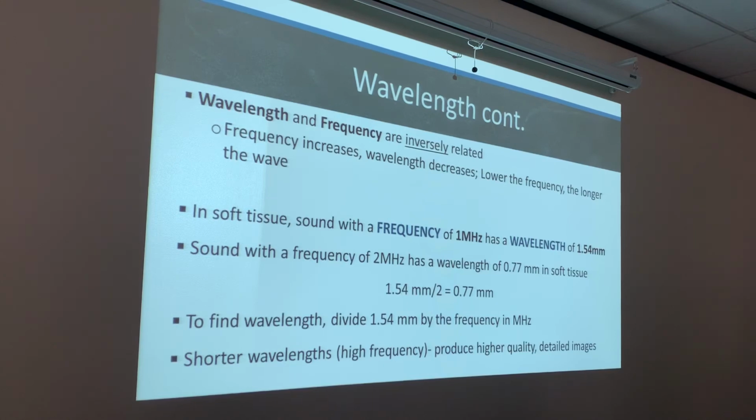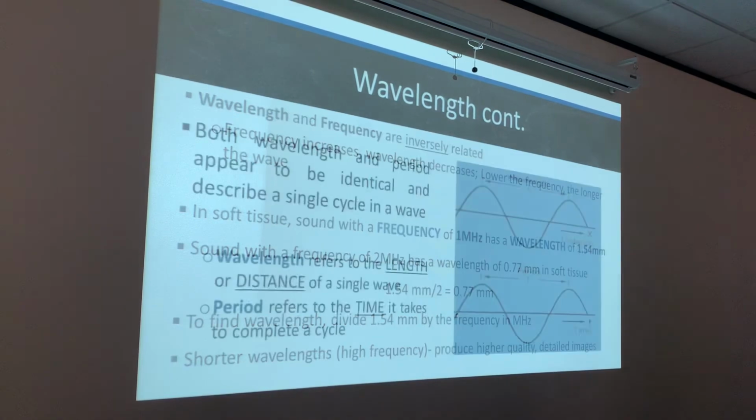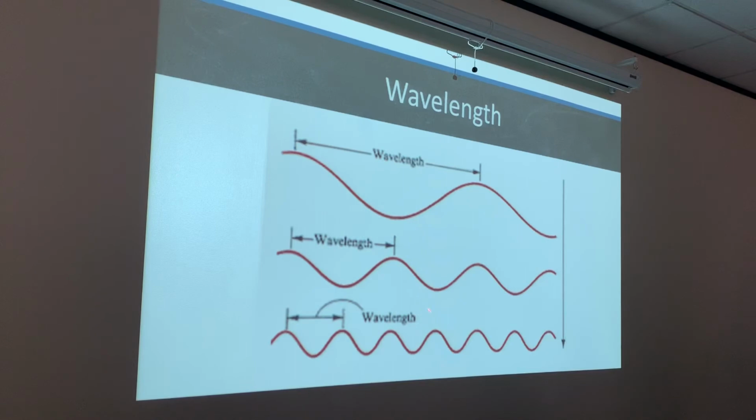So shorter wavelengths are associated with higher frequency, like we just said. Shorter wavelengths, high frequency. See how much more often these cycles are occurring compared to these longer wavelengths.